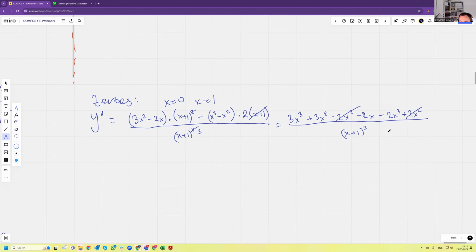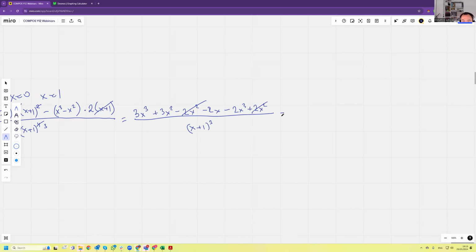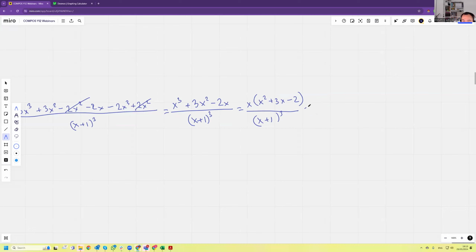That's about it. So it's going to be x cubed plus 3x squared minus 2x, over x plus 1 cubed. So that is x times x squared plus 3x minus 2, over x plus 1 cubed. It's not too bad.